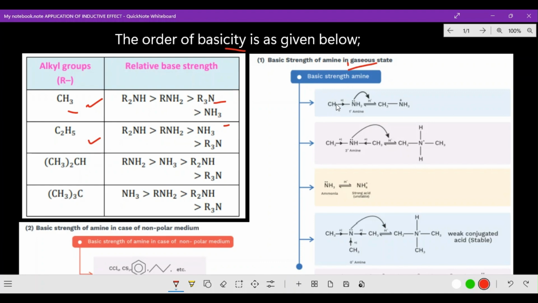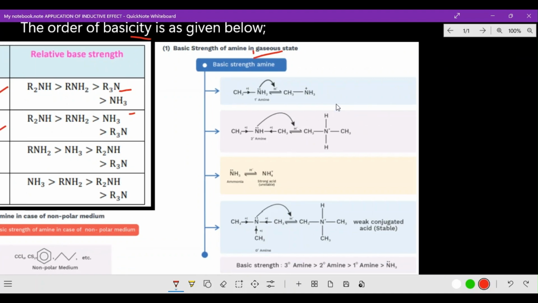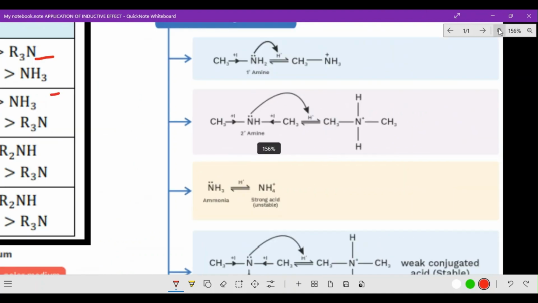So basic strength, it's a really interesting point to be noted down. And in this point, we are going to see primary amine, secondary amine, tertiary amine. What happens here: the lone pair of electrons is donated, so naturally you will get a positive charge.